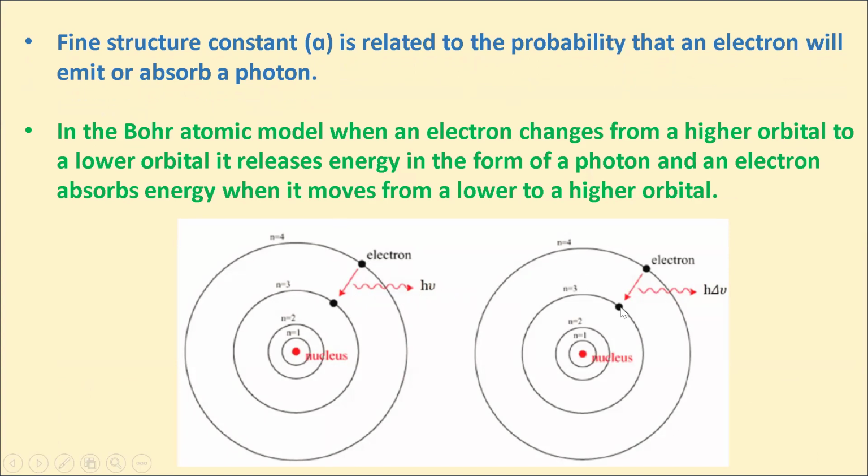And here the electron absorbed. Sorry, this arrow must be in the opposite direction. So please correct this. When the electron moves from lower to higher orbit, it absorbs energy. So this arrow is also opposite. So make that correction.